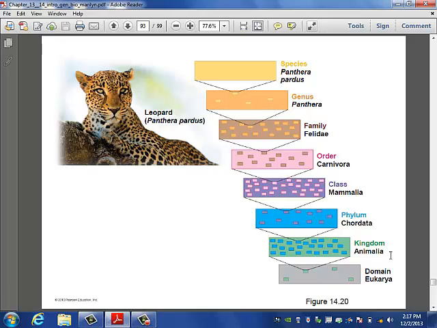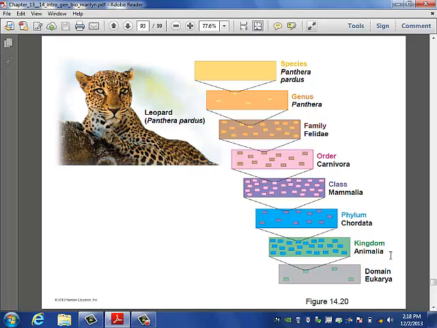So, eukaryotic cells. You know, those big cells with what? What were different about eukaryotic cells? They had an organized nucleus and membrane-bound organelles. Very good. And we get to the kingdom, and we're talking about this little guy over here, the leopard. He's an animal. So are you in the same kingdom as a leopard? Yes, you are.